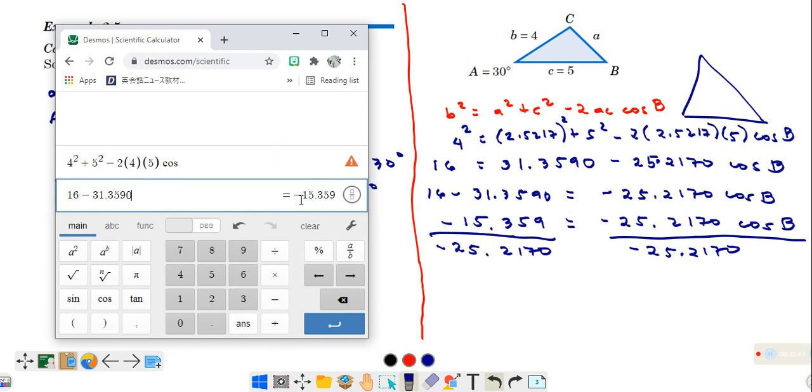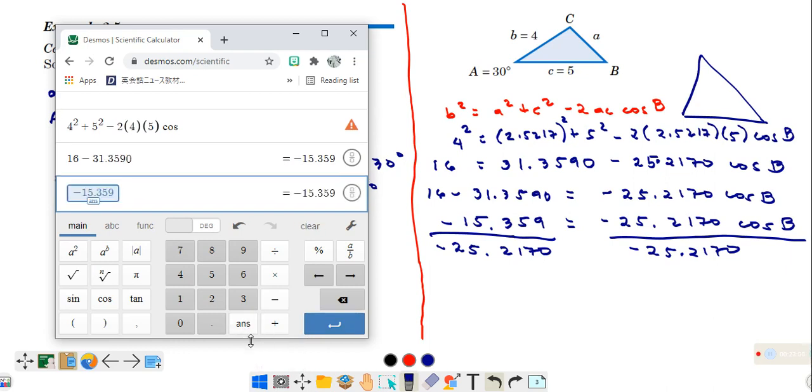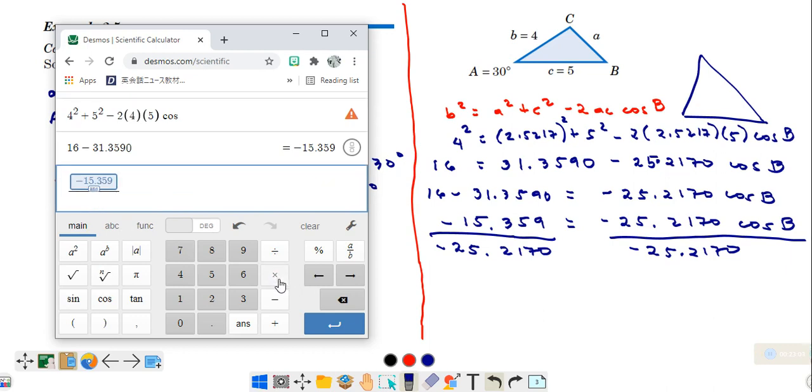Ayan. So, we have here negative 15.3590. I-divide natin siya by negative 25.2170.